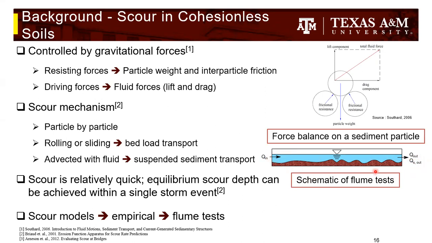By the movement of the water, there is some kind of scour or particle movement within that flume tank, and that is how you measure the scour for the particular soil type and the particular flow velocity. There are many empirical equations based on that. A lot of empirical equations based on particle rolling or sliding friction rely on the empirical understanding through flume tests. So this is mostly how we understand the phenomenon in the case of cohesionless soil.